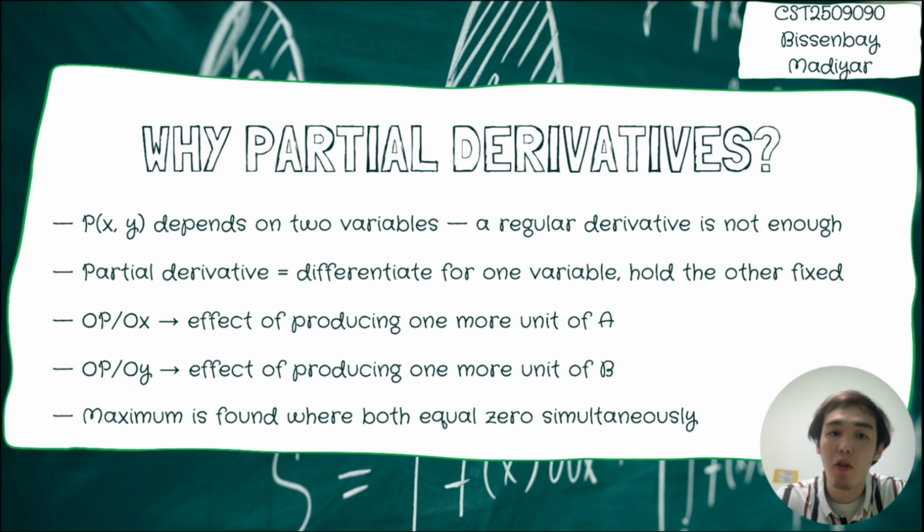And the partial derivative of P with respect to y tells us, if we produce one more unit of product B, how does profit change? The maximum profit occurs at the point where both partial derivatives equal zero at the same time. So that's our target, and I now pass it to Nani, who will carry out the full calculation.